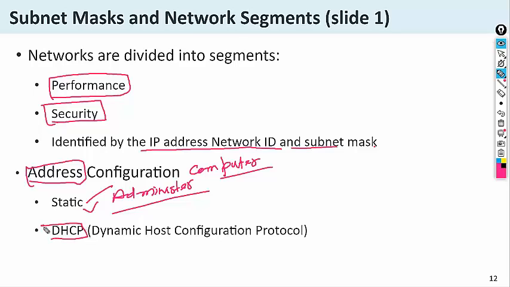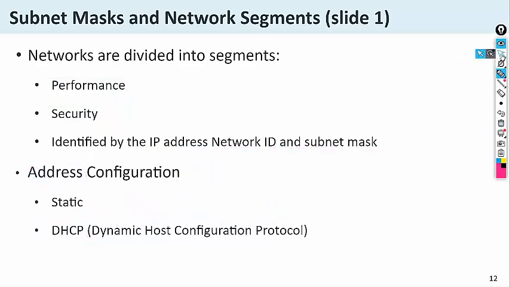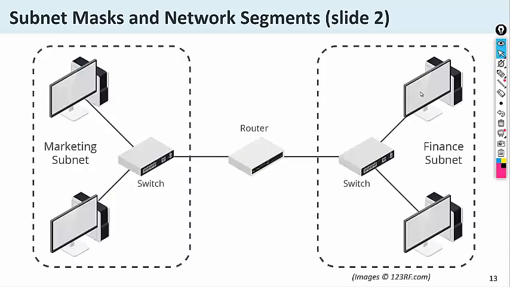Another is DHCP, where a specific DHCP server is installed in the network and the DHCP server provides the IP address to all the nodes or clients. Understand, there are 2 methods to provide the IP address.